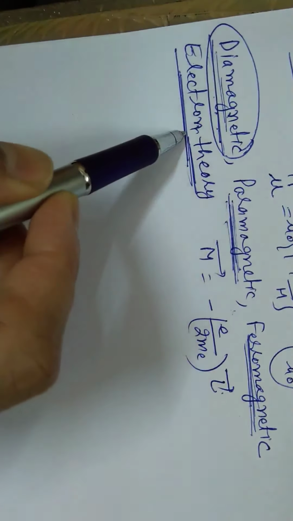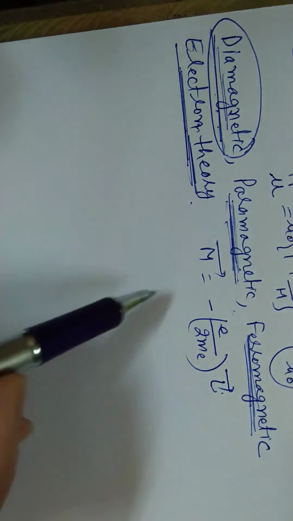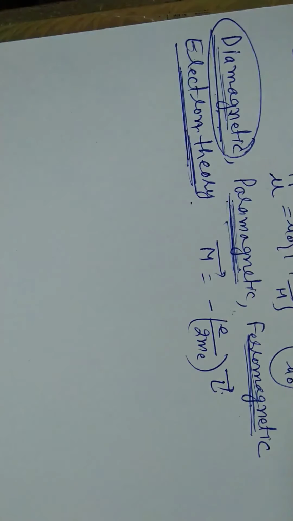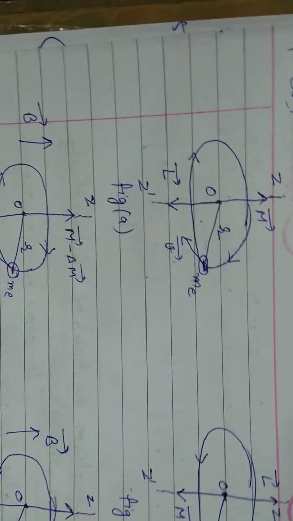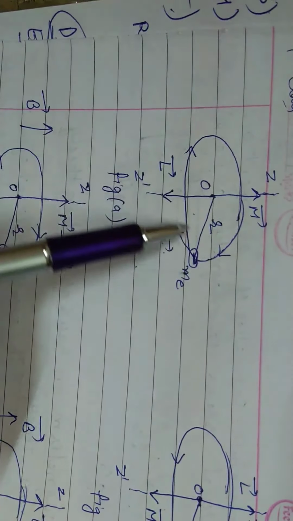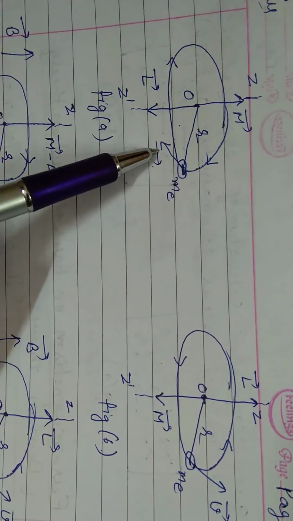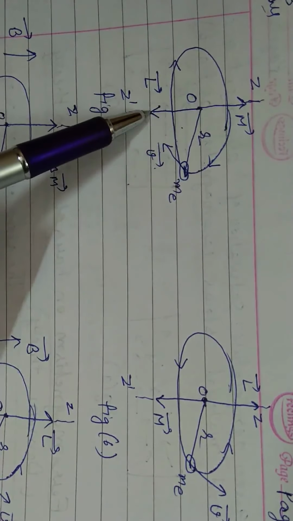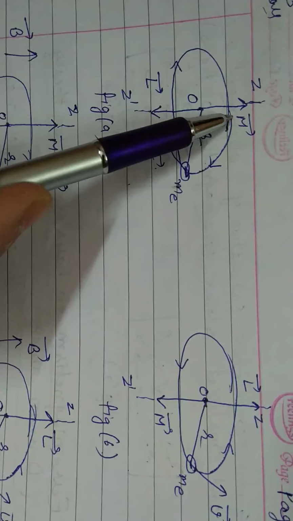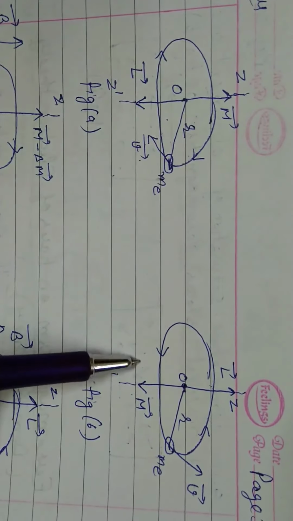In diamagnetism, paired electrons exist, no unpaired ones. Let's say in a pair, one electron is revolving clockwise and the second anti-clockwise. For clockwise, the angular momentum is downward and the dipole moment is upward, and for the other it is the opposite. So the net dipole moment is 0.